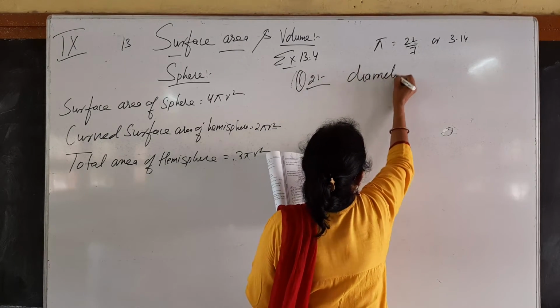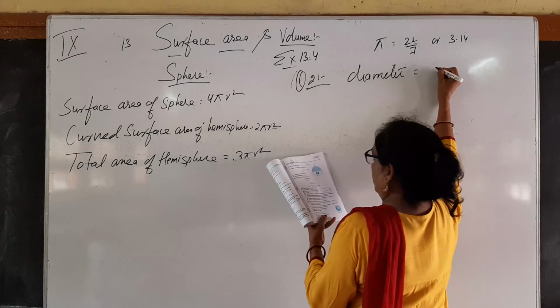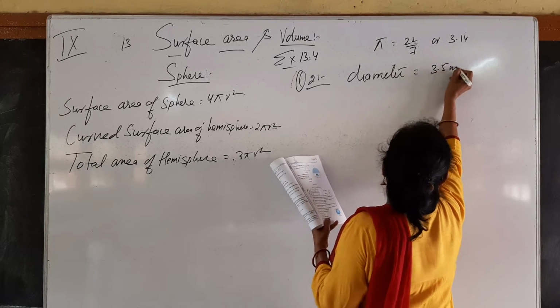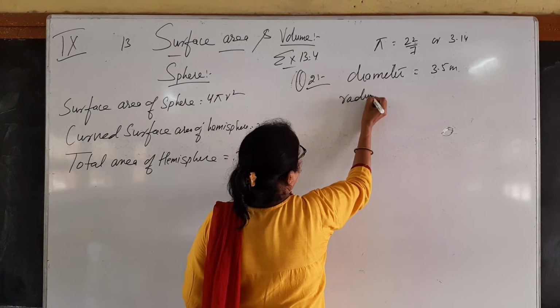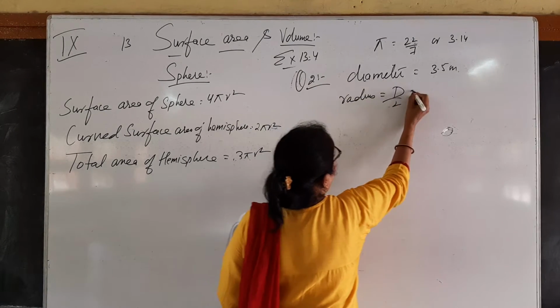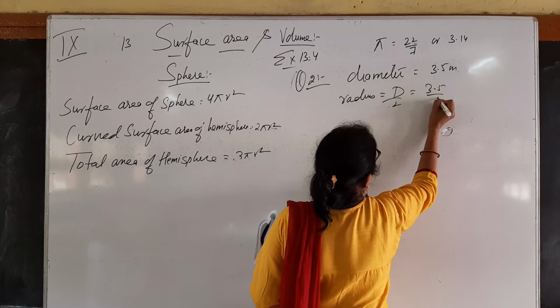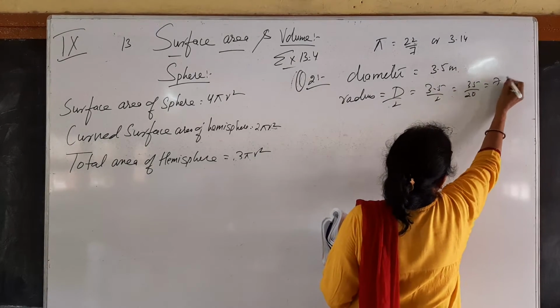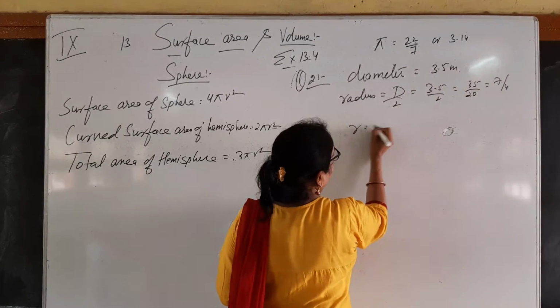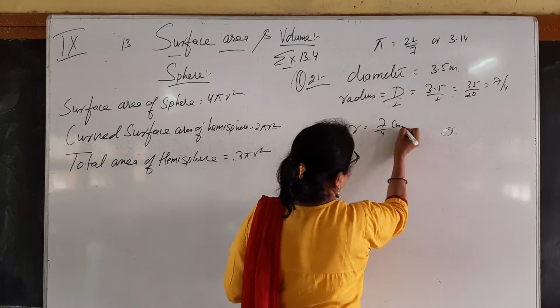Diameter is given, 3.5 meter. We know that radius is equal to d by 2. So 3.5 divided by 2, so 35 divided by 20 or 7 by 4. So r is 7 by 4.